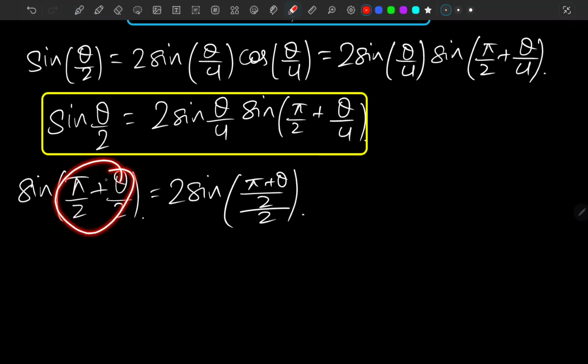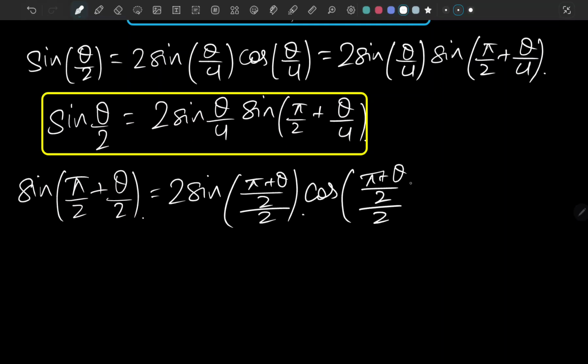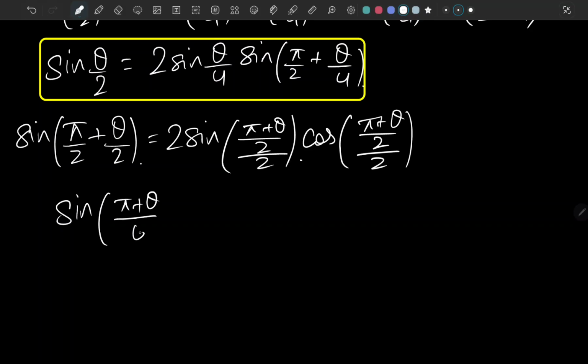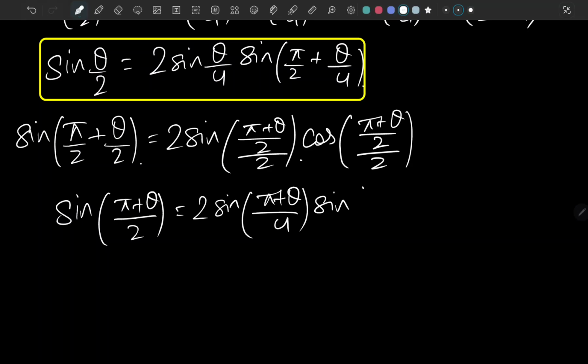Over 2 here, so you can understand that, times the cosine of the same argument, that is pi plus theta over 2. So again we can write that down. Sine of pi plus theta over 2 can be factored out as 2 sine of pi plus theta over 4, and then sine of pi over 2 plus pi plus theta over 4.